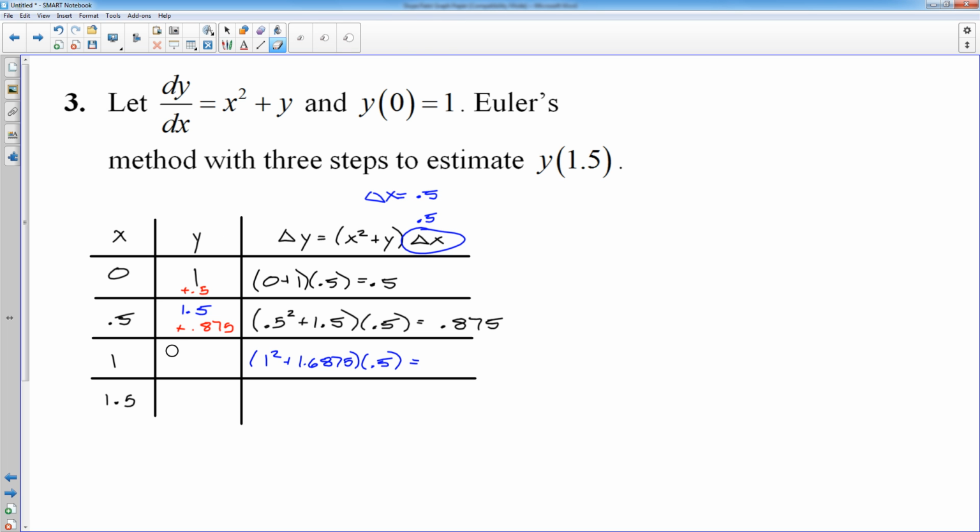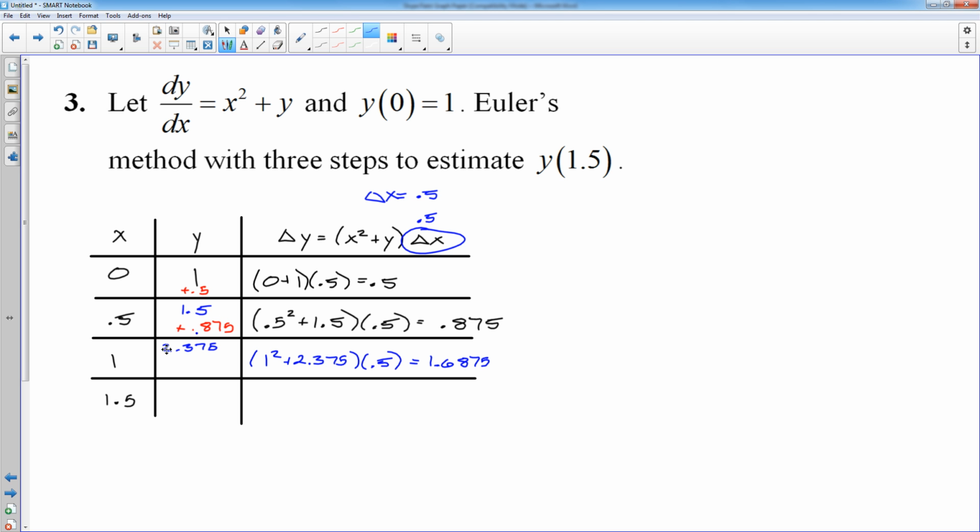Alright, not a huge mistake. I was looking down at the work that I've already done. This is 1.5 plus that is not, that's 2.375. So that's going to be 2.375 here. I just wrote down the wrong number from my work, wasn't paying attention. And this is where 1.6875 is.